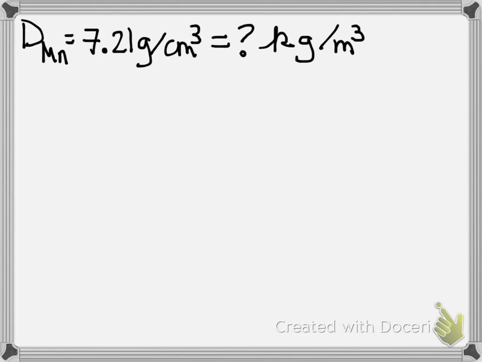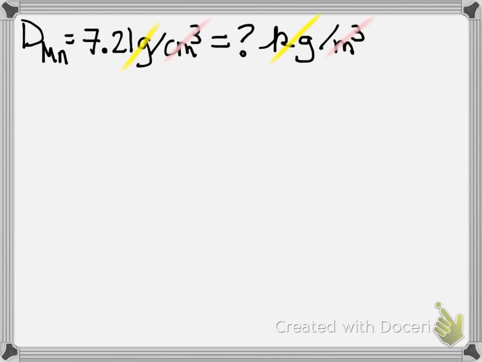So again, this is a more complex problem because we need to change grams to kilograms, and because we have to change cubic centimeters to cubic meters. So that's what makes this a more complex problem.